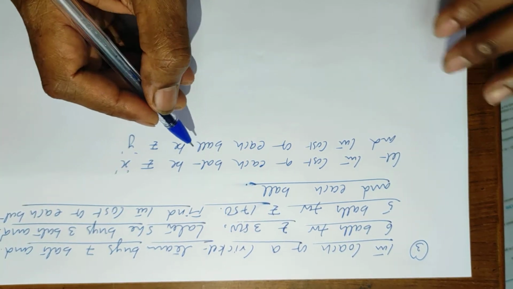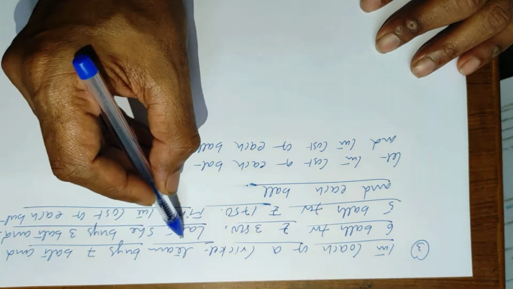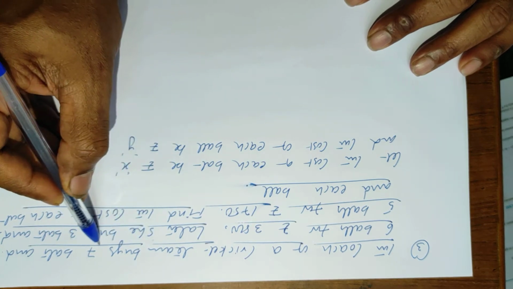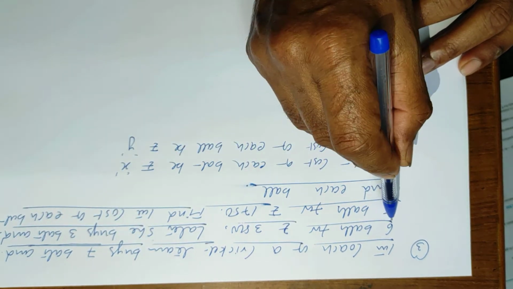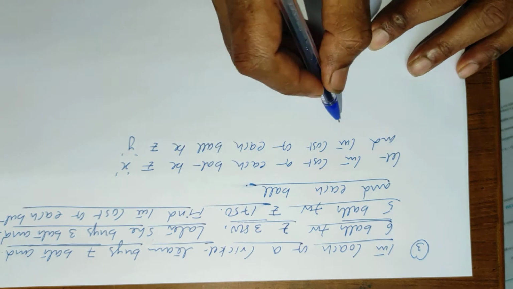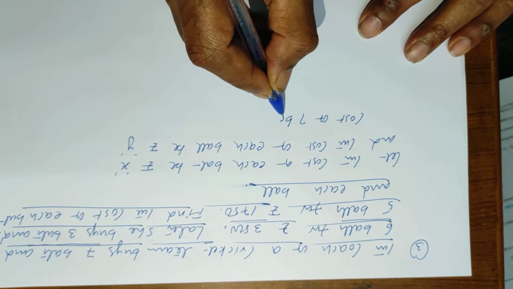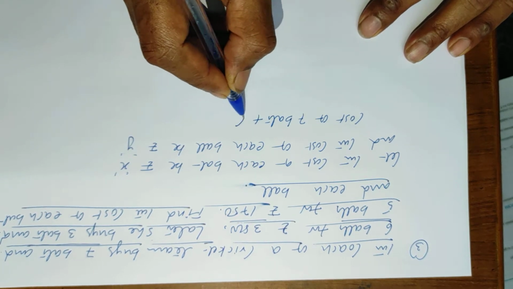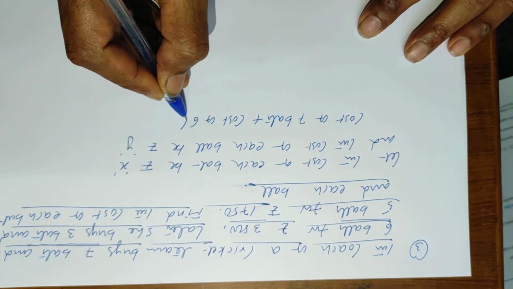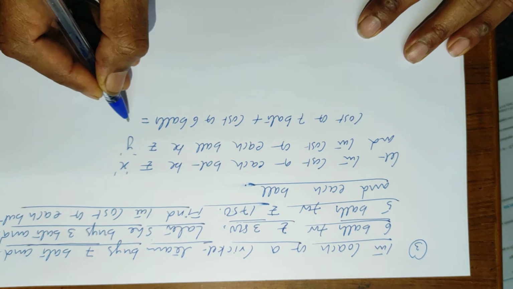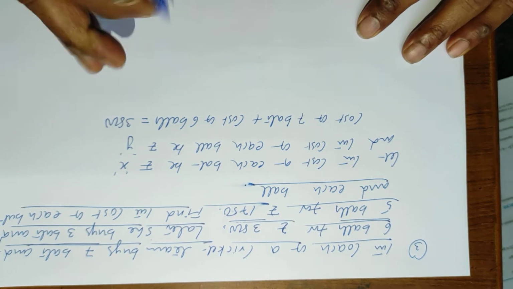What is given here? The cost of 7 bats and 6 balls is rupees 3800. Cost of 7 bats plus cost of 6 balls is equal to 3800.